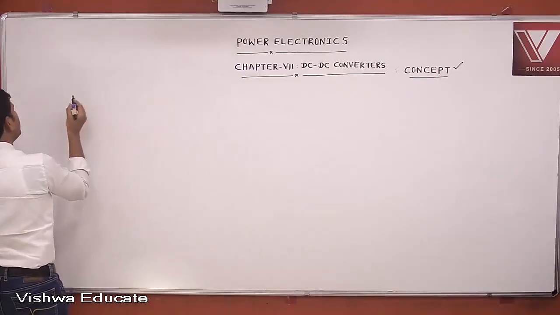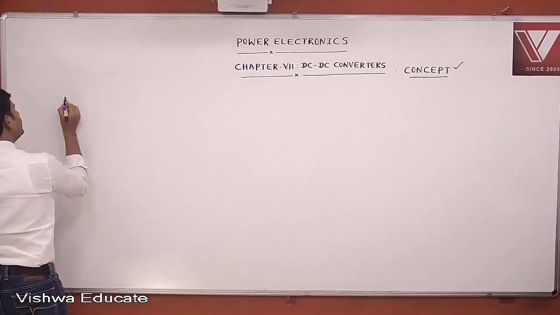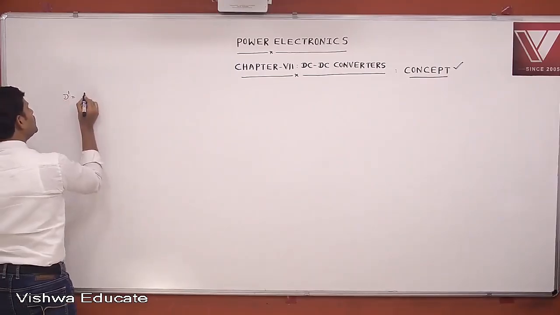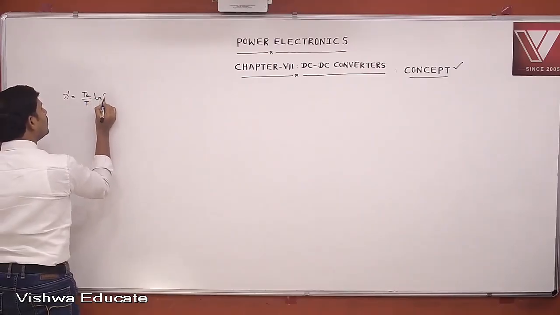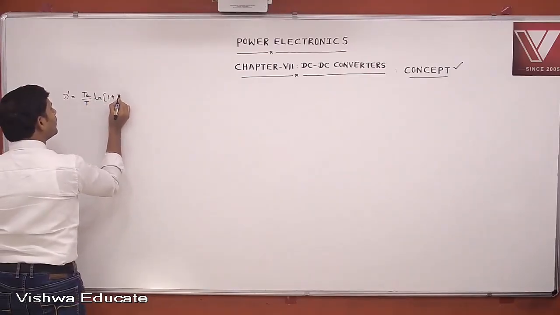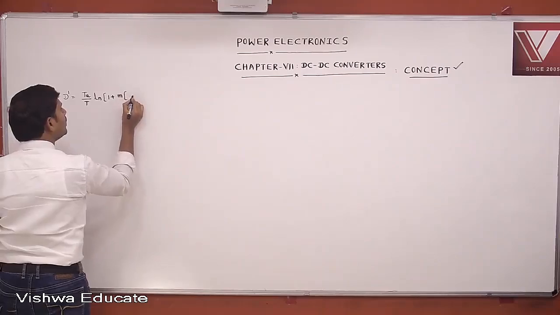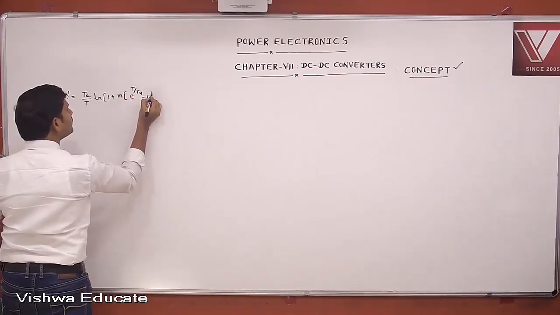What is the minimum duty cycle at which current is just continuous? D dash equals Ta by T into ln of 1 plus m into e power T by Ta minus 1.